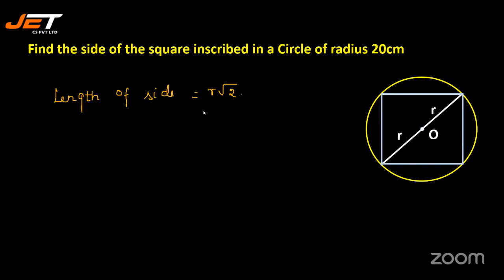So here we have r as 20 into root 2. Okay, so the length becomes 20 root 2 centimeter. All right, students. So hope you are getting this. So here the radius is 20 centimeter.